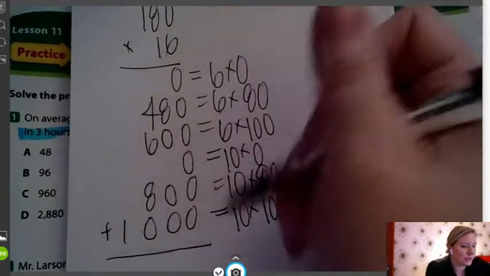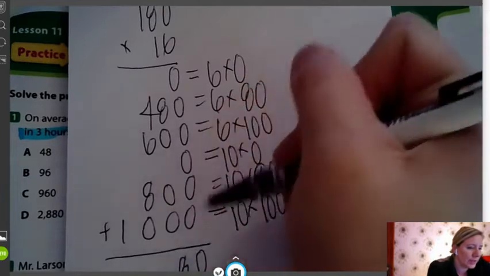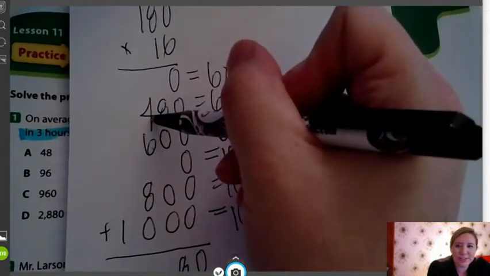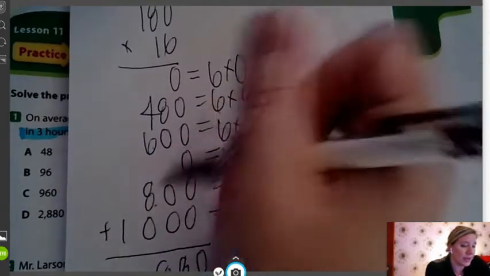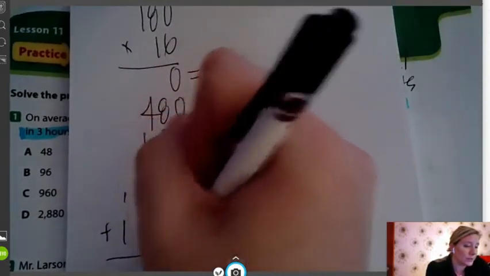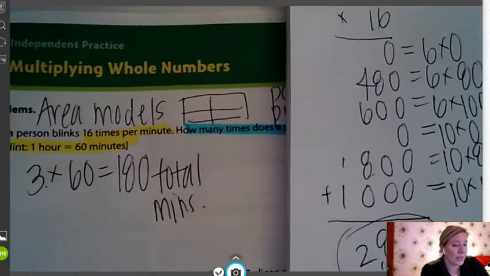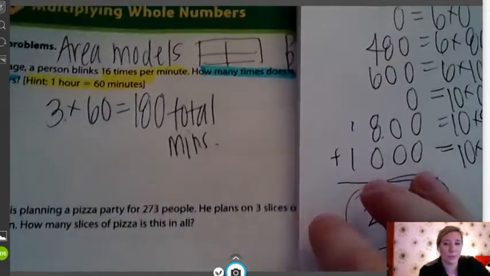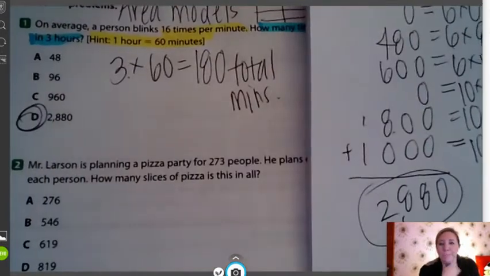The zeros in that first column give me 0. 8 plus zeros gives me 8. 6 plus 4 is 10. 10 plus 8 is 18. So I've got 8, carry my 1. 1 plus 1 is 2. So 2,880 total, which is going to be answer D for number 1.